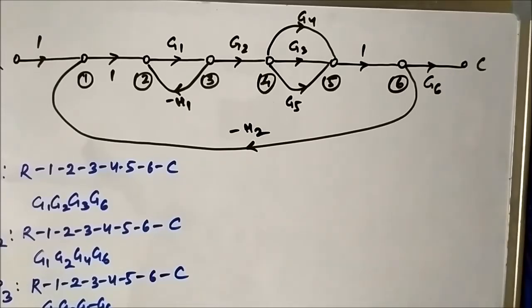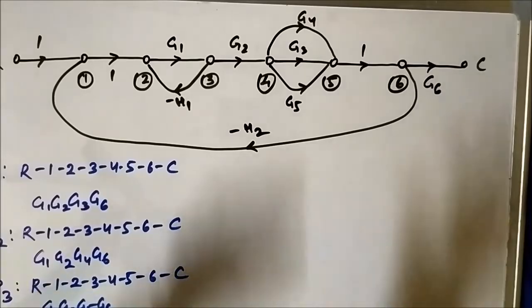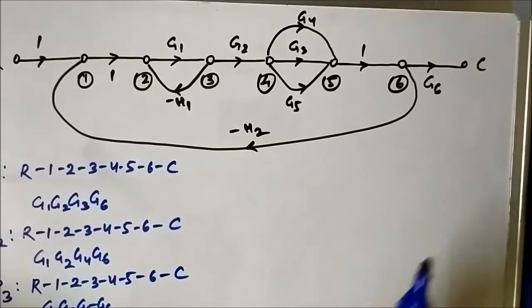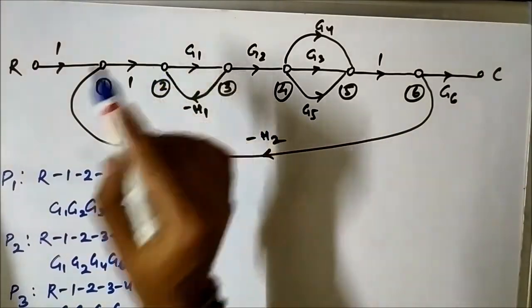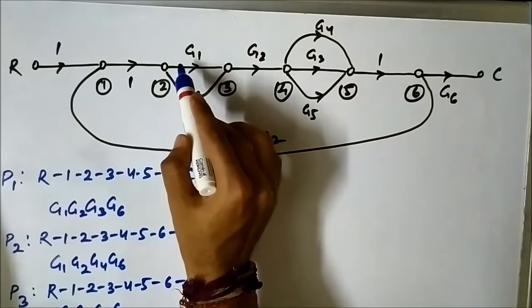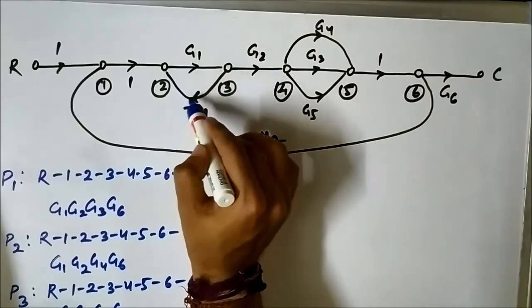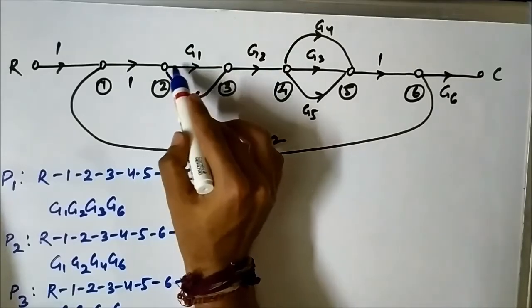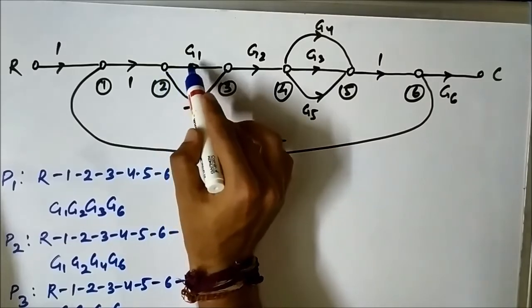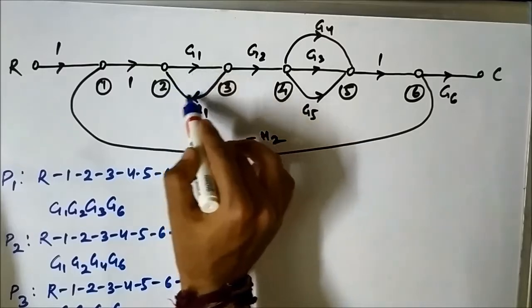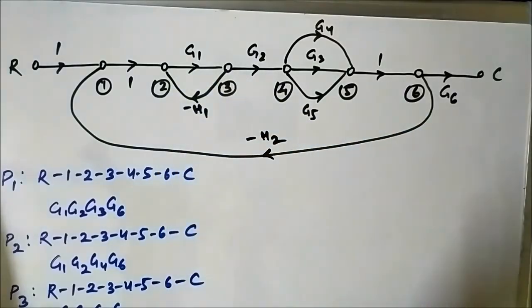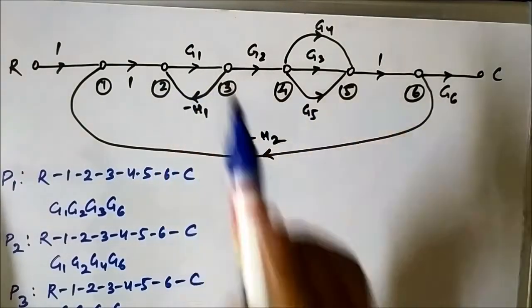The basic technique to determine a loop is to focus on a particular node and check if it has both incoming and outgoing arrows. See this node, it has an outgoing arrow and an incoming arrow, so it has a loop associated with it.